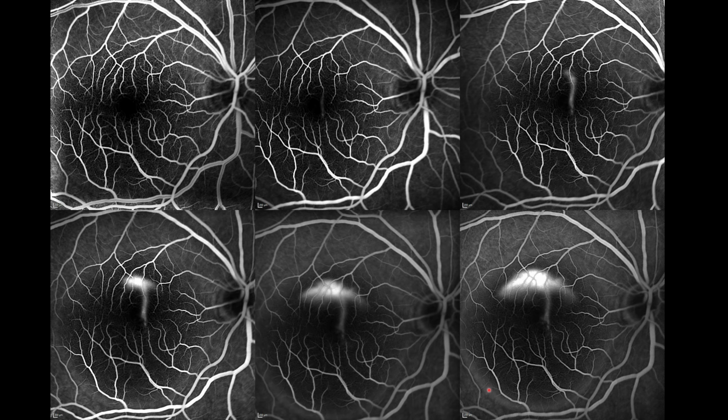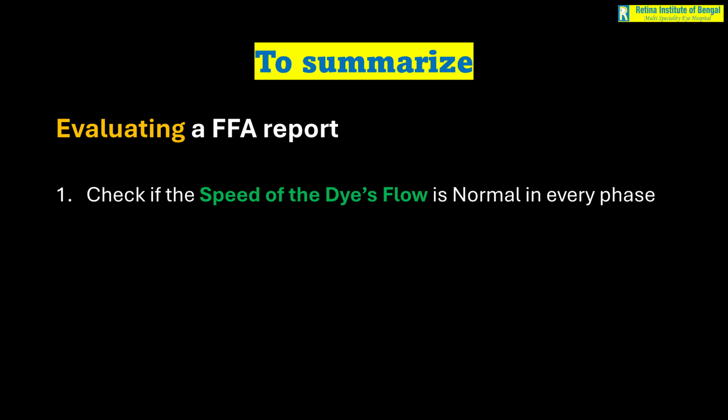And by this method of analysis, we can correlate with the disease itself, and come to a conclusion what type of disease we are handling, and what is the pathology which is happening, and then plan our treatment accordingly. So when you are evaluating a fluorescein angiography report, check if the speed of the dye's flow is normal. Measure the AV transit time, record the arm to choroid time, record the time it takes for the choroid to fill up.